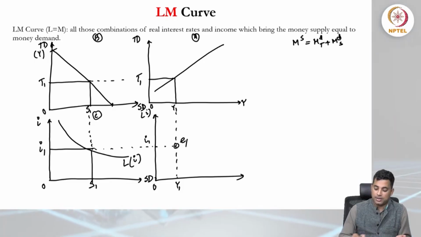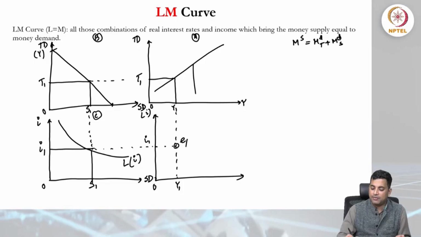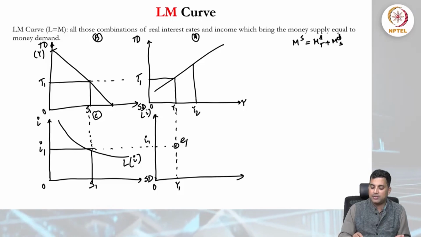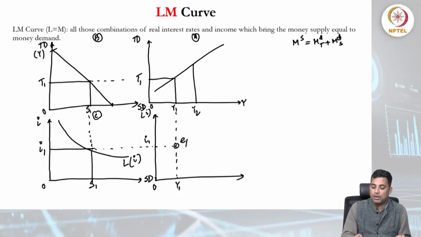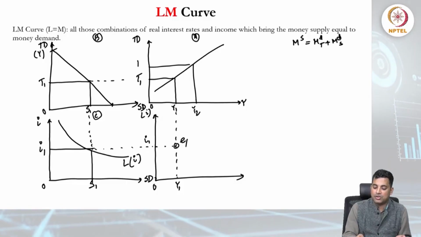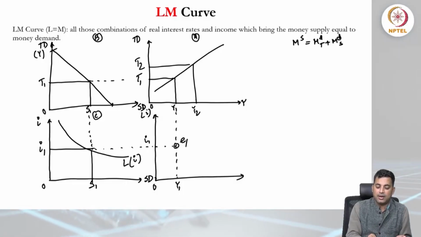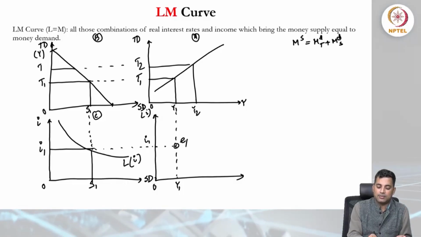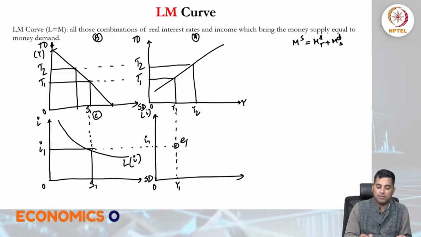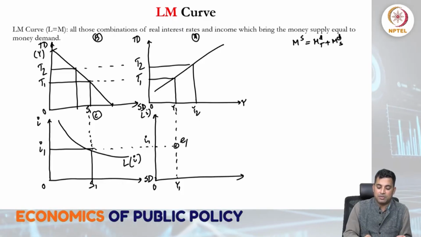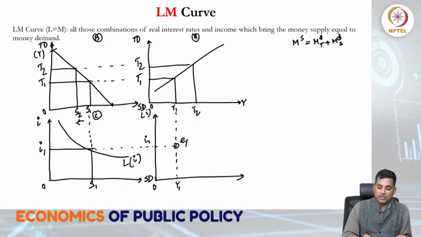So we got E1. Likewise, if income increases from Y1 to Y2, the transaction demand will certainly increase, and then speculative demand for money will decrease because there is a trade-off.